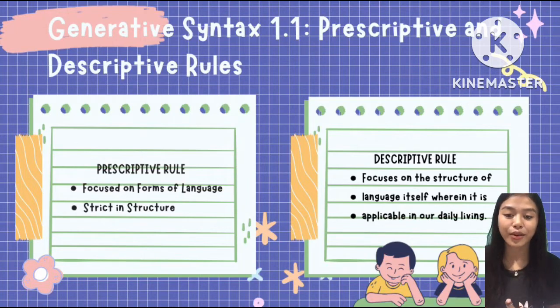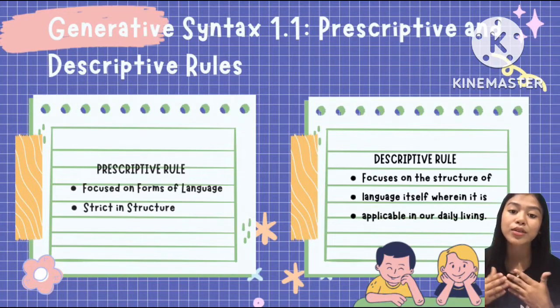Linguists let us know that in the world of English, we must know how to form a sentence, when to apply, and how to use the grammar rules for us to construct good sentences with correct grammar and correct syntax.